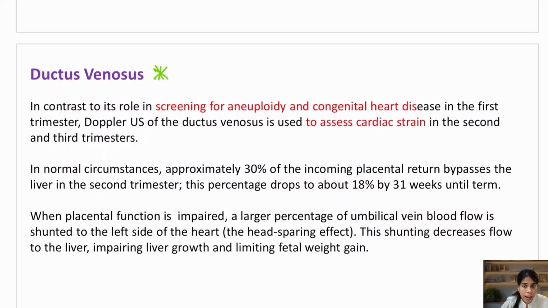In the second and third trimester it is used to assess cardiac strain, which can happen in scenarios like IUGR, Rh negative pregnancies, anemia and twin to twin transfusion syndromes.